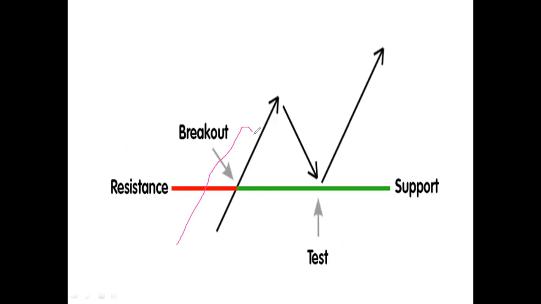When price is coming back to test it, it is now going to test it as what? A support. No more a resistance. So when price comes to test it and then bounces off, it becomes a support. And then it goes up. So this now becomes your new resistance level. This becomes a support. Do you get it?